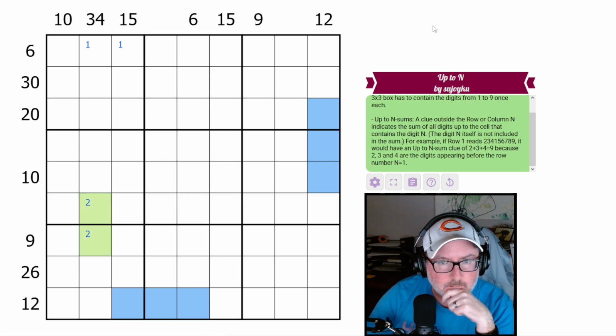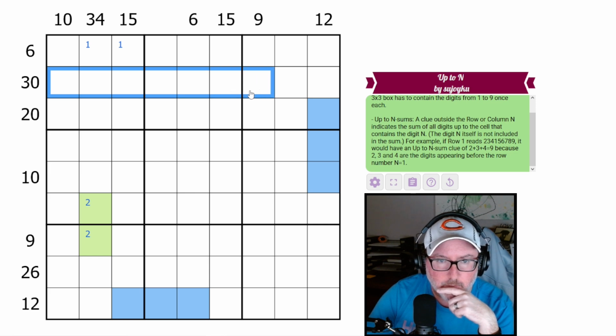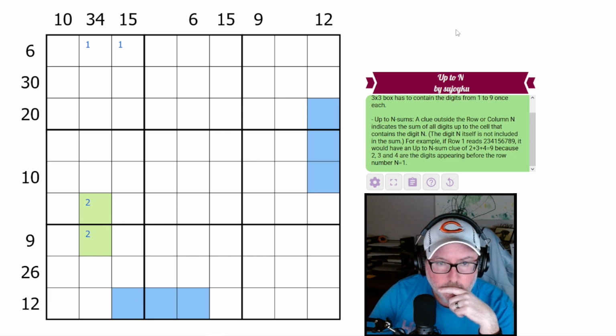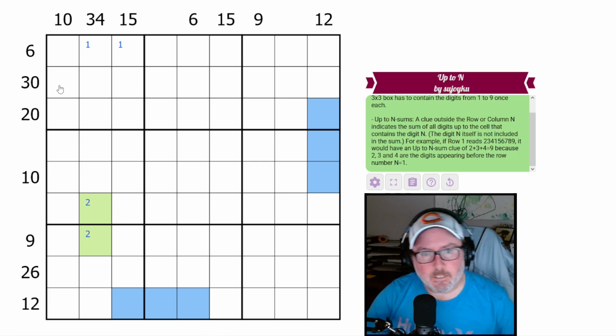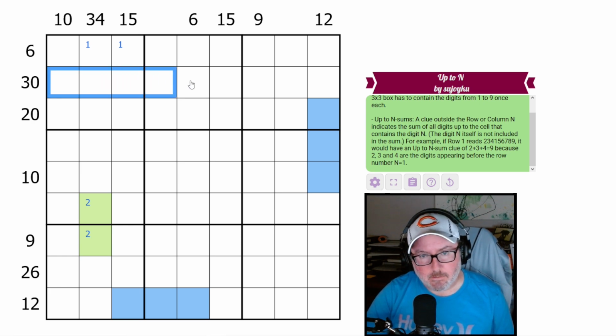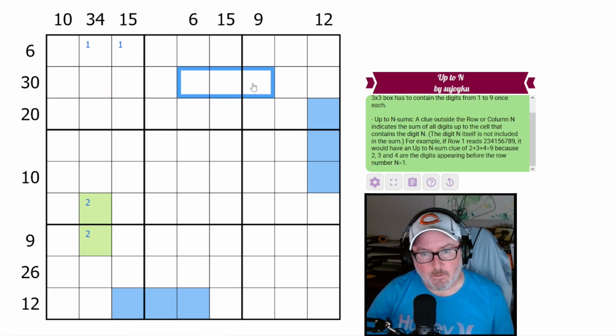So we've got to figure out how to make sense of this thing. Because we can look at the 30, and again, we know we have to have a certain number of digits before we ever see the 2, because this is row 2. But it could just be 9, 8, 7, 6. So the 2 could be here, or it could be pushed out to here.